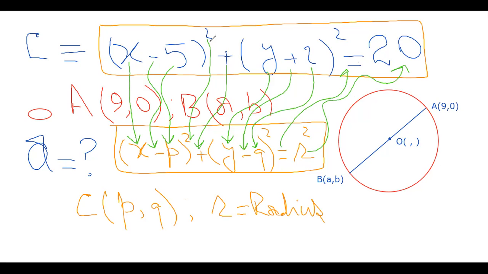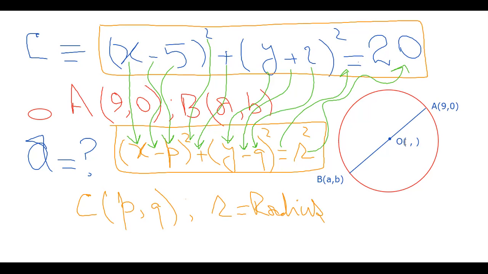So comparing the given equation with the standard equation, what should be the value of P and Q? Does the arrow mean equal to? Yes, corresponding to, equal to. We are matching both the equations, the given equation and the standard equation.